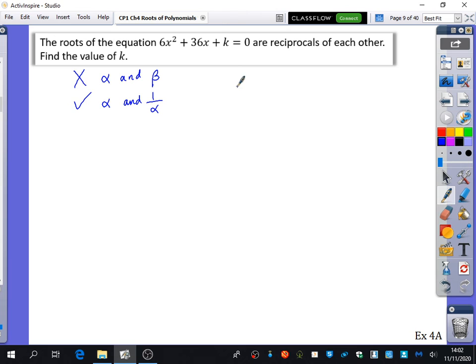So I know that the sum of the roots, alpha plus 1 over alpha, is equal to minus b over a. In other words, alpha plus 1 over alpha is equal to minus 6.